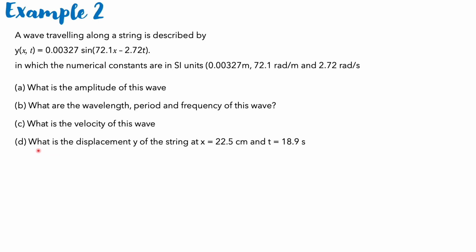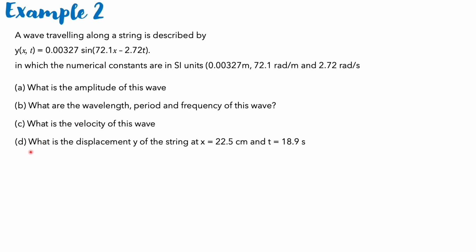The last one is what is the displacement, the y value, for certain values of x and t which are given here. This is the different part, but also very simple to solve because you are given the values of x and t. You put the value of x here and t here, and you will get the value of y at that certain value of x and t.